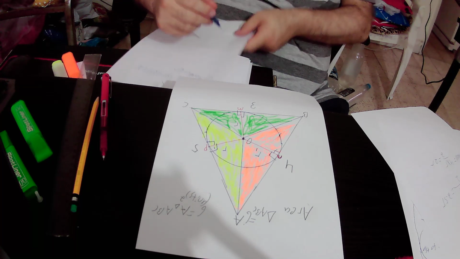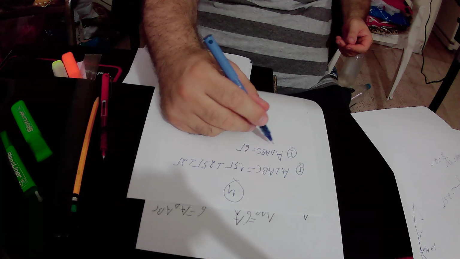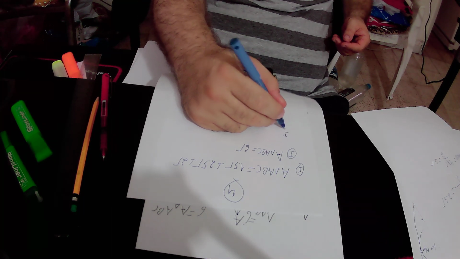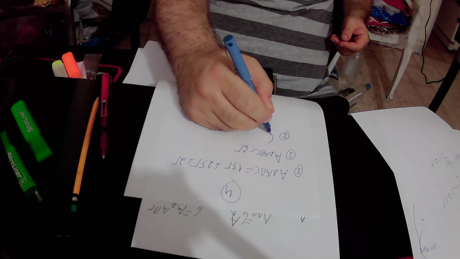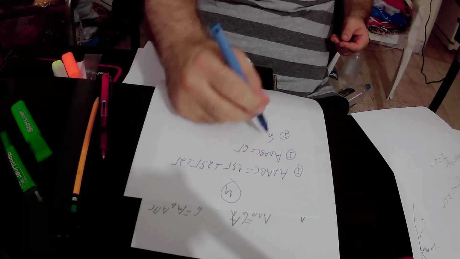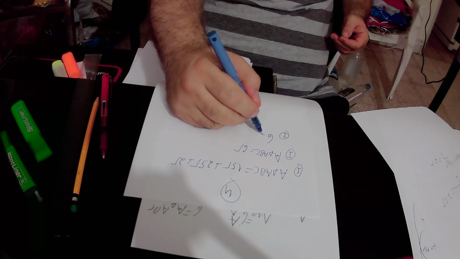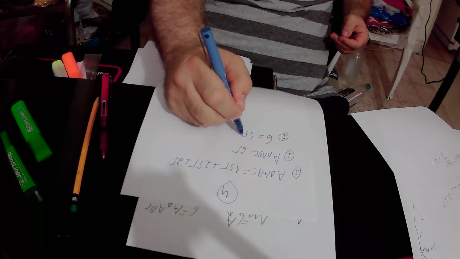So we can substitute the area of triangle ABC by 6, because the area of triangle ABC equals 6 units square. So 6 equals 6 times the radius.